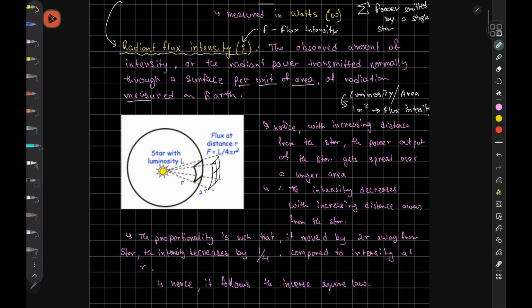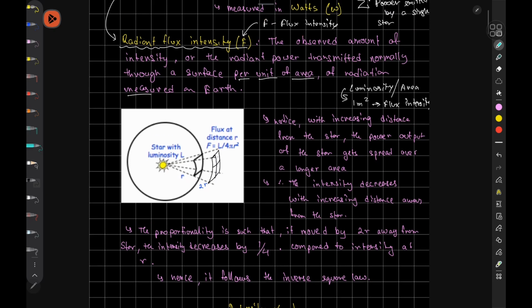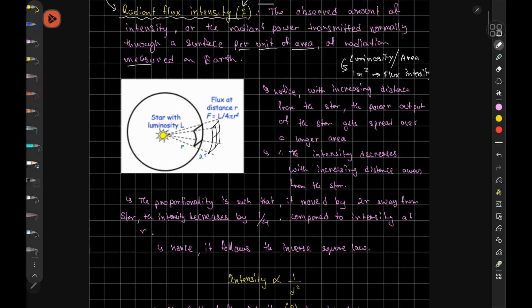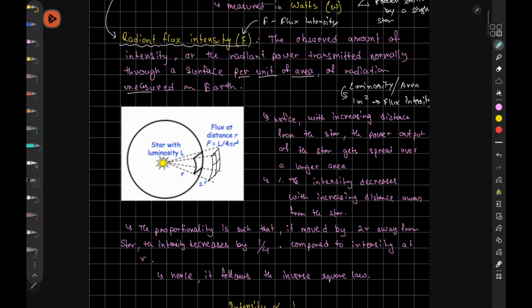Now flux, I will try to explain it using the diagram, which is a bit interesting. The fascinating part is the proportionality between how the flux intensity changes with respect to how far away we are from the sun.